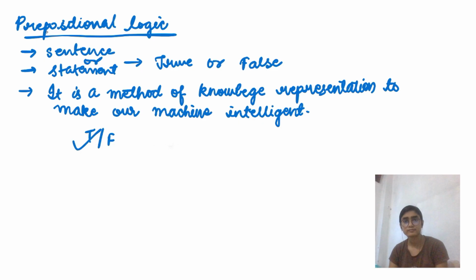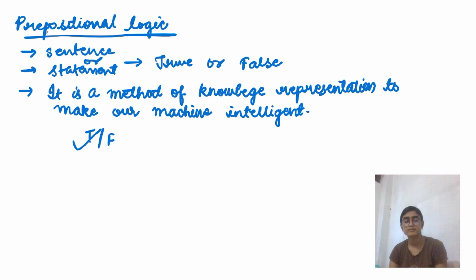But let's suppose I ask that some people of this country are intelligent. The answer can be true as well as false. So that is not propositional logic. Propositional logic is such a statement whose answer is 100% true or false, not may or may not.